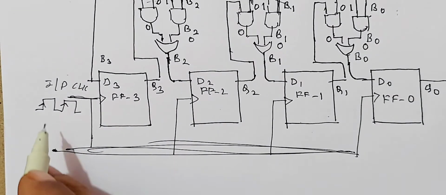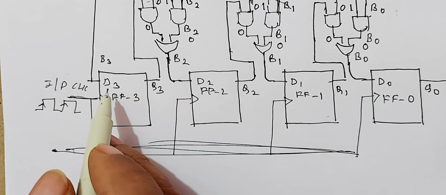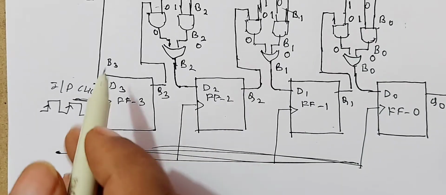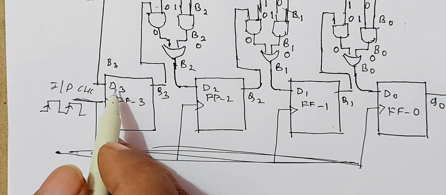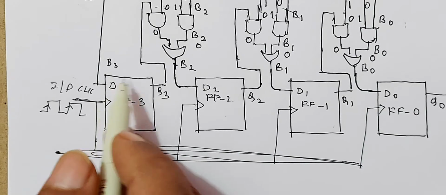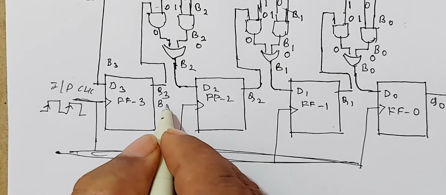We know that when a clock pulse enters the D-type flip-flop, whatever value is present at D3 is shifted to Q3. Now, the value present at D3 is B3. When the clock pulse enters, this B3 is shifted to Q3. Therefore, output of Q3 now becomes B3.